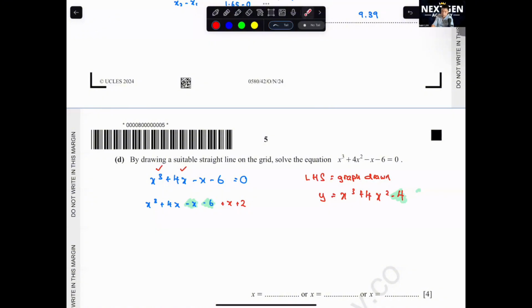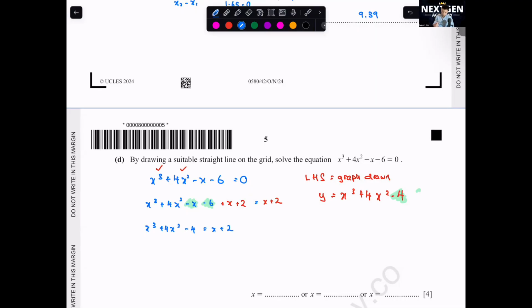You cannot just magically bring this up here, right? Whatever you put here, you need to put on the right hand side also: x plus 2. So now your equation will be x cubed plus 4x squared minus 4 equals x plus 2.